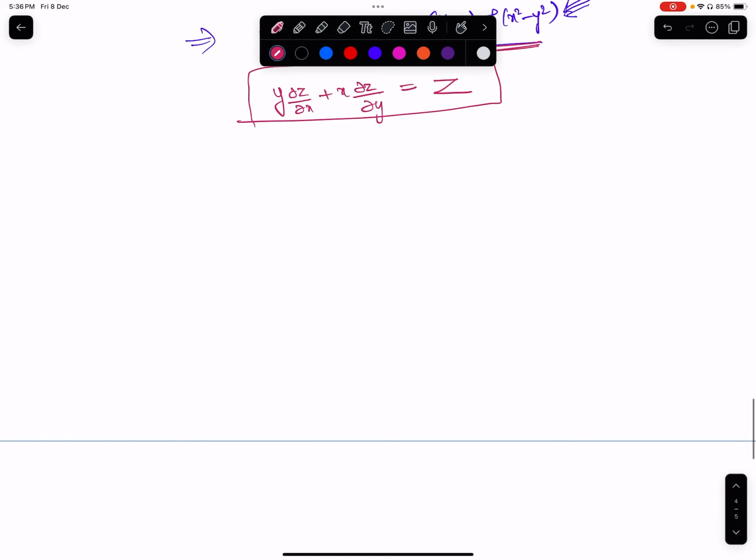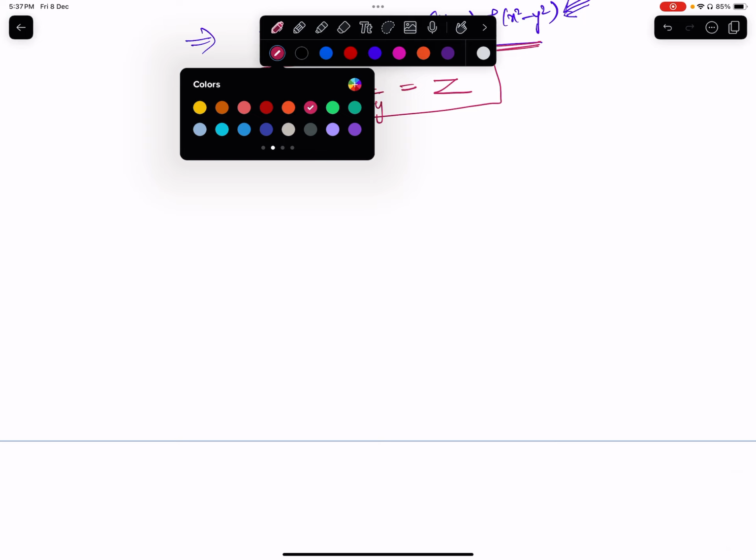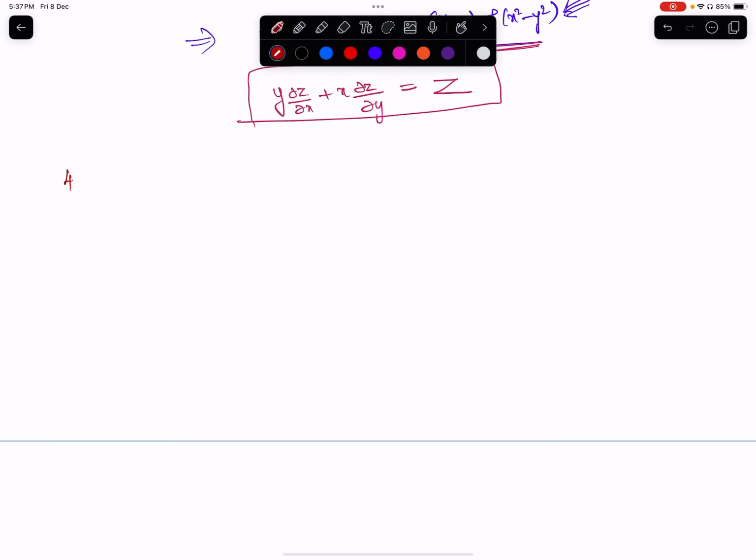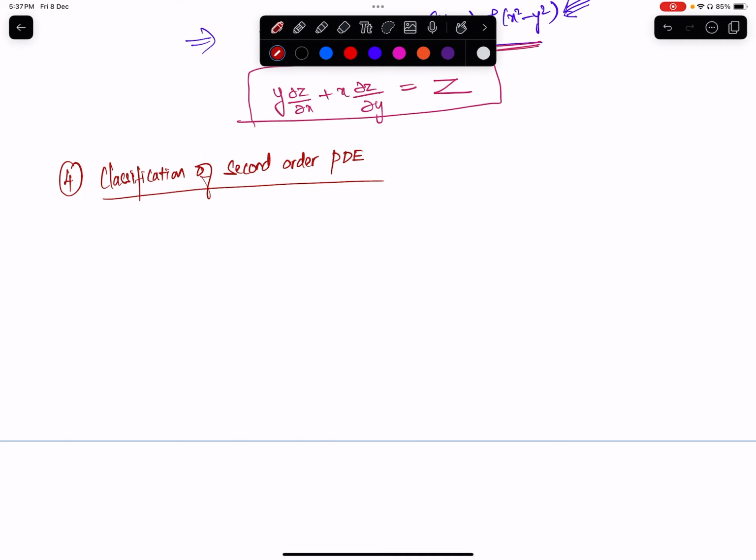Okay, now we enter the last topic, the classification of second order PDE.